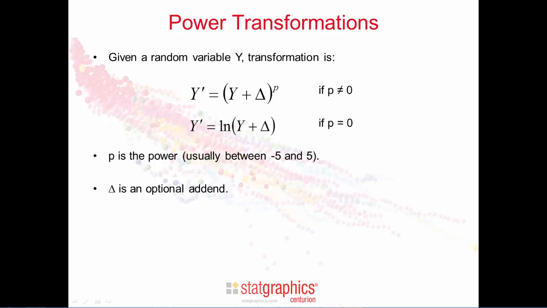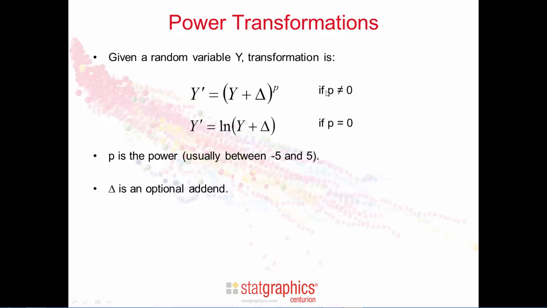They're a very powerful way to handle non-normal data. Given a random variable y represents resistivity, we can create a transformation by taking y, potentially adding some value delta to it, and raising the result to the p power.